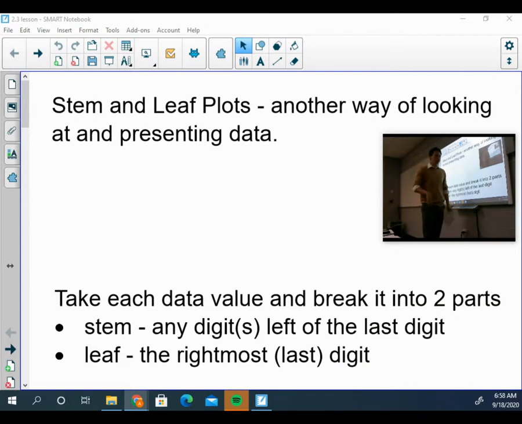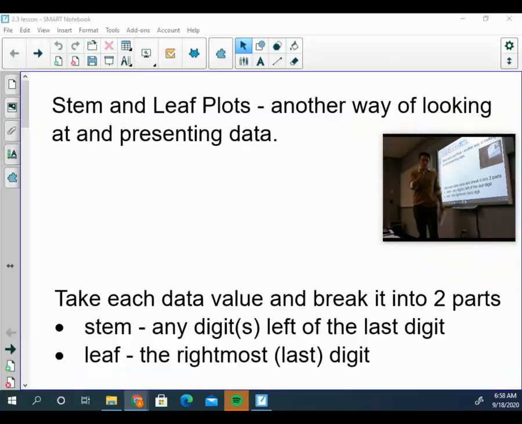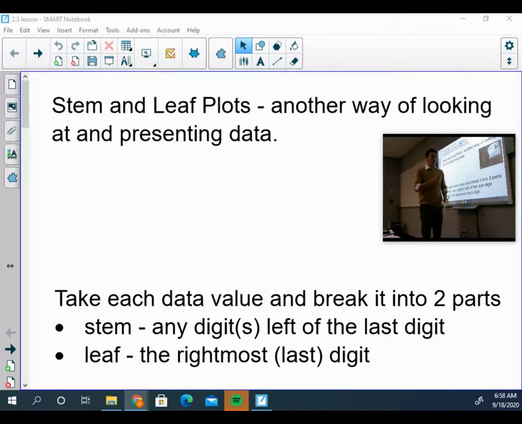If you remember from 2.2, one of the first examples we looked at was a bar graph, specifically a cluster graph, that compared internet usage at a school between boys and girls. Well, if I didn't necessarily want to look at the comparison between boys and girls, I just wanted to look at how much internet is being used at the school, maybe an exploratory data set would be slightly better.